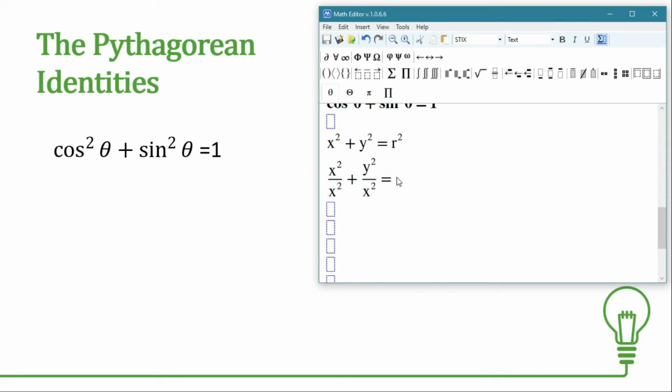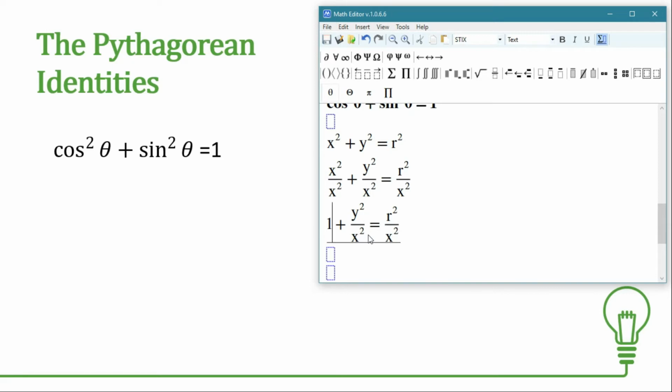So, this would become r squared over x squared, making this expression equivalent to 1. And that is 1 plus y squared over x squared equals r squared over x squared.